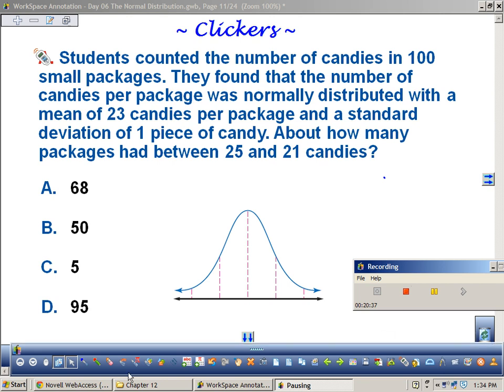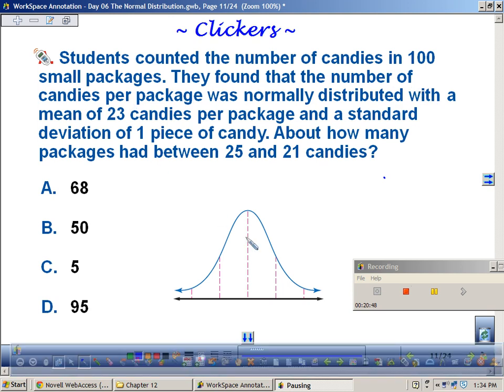Okay, so it says the students counted the number of candies in 100 small packages. It said that the mean is 23 candies and a standard deviation of 1. This is 24 and 25, and this is 22 and 21.